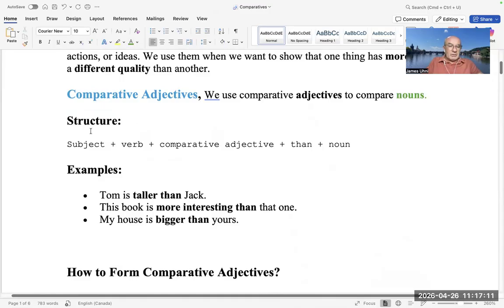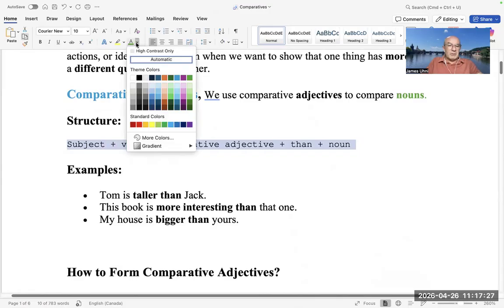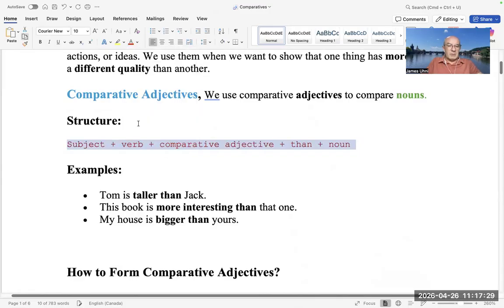The structure is subject plus verb plus comparative adjective plus than plus noun.